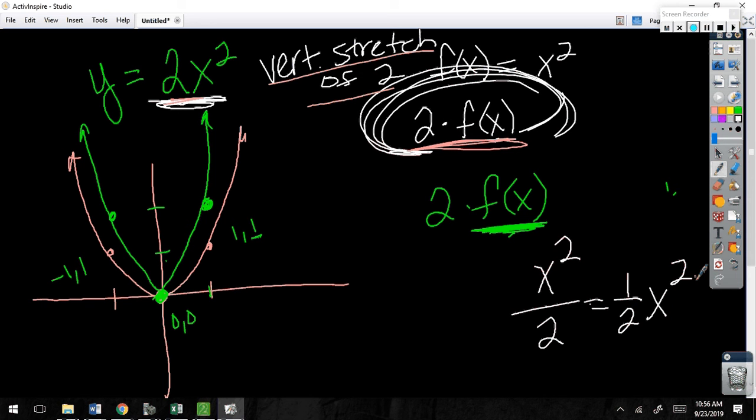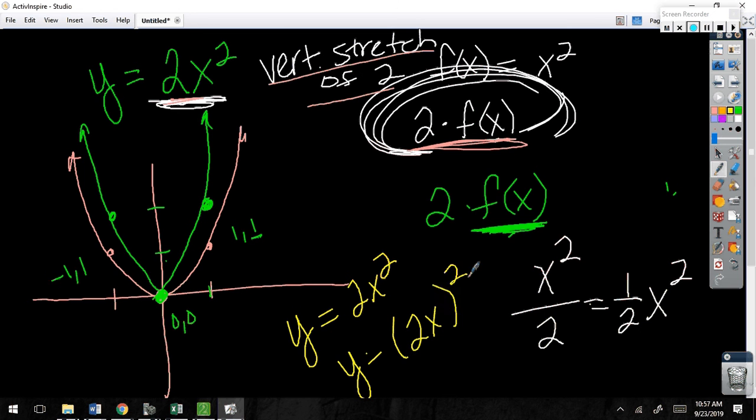So that's going to be a vertical shrink. It's going to make it wider. Okay? So with the 2 times f of x, is that... Yes, yes, yes. Okay, that's exactly it. And I think y'all might be getting confused too because you need to understand this and this are 2 different graphs.